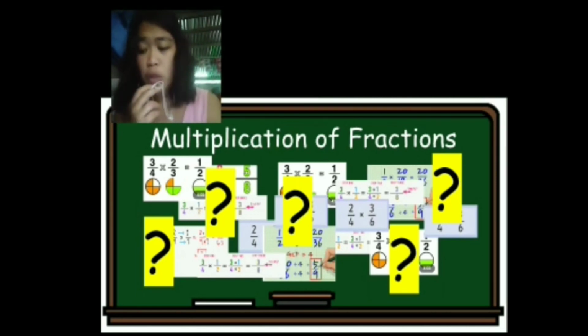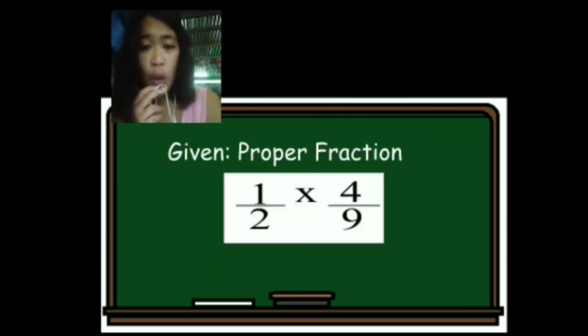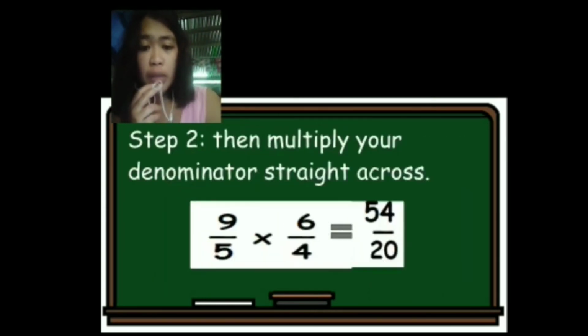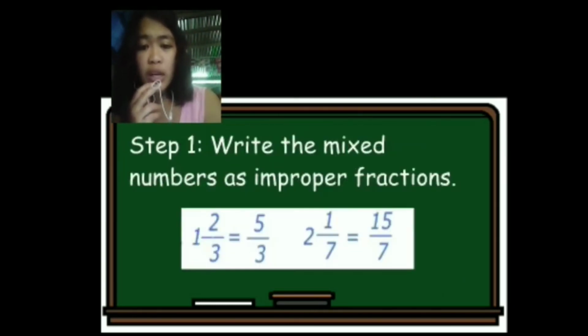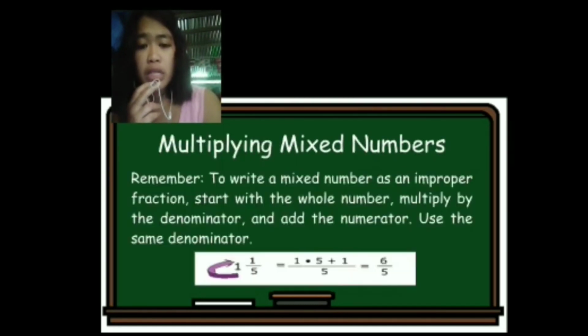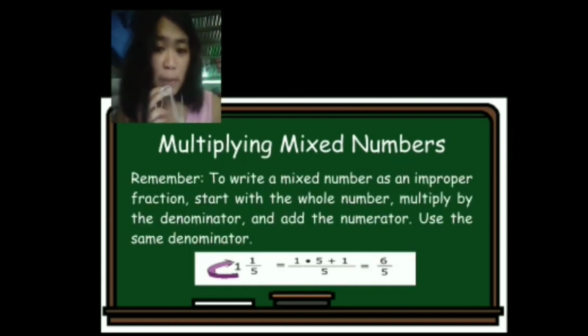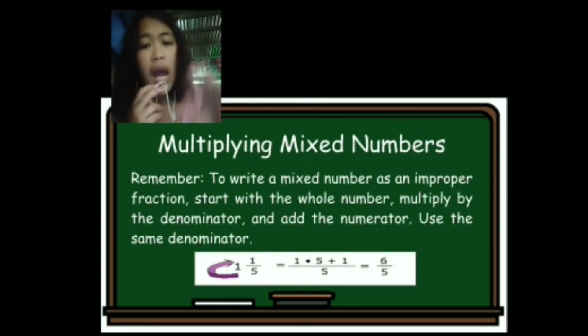And you also need to remember, in mixed fractions, what I mentioned a while ago in my explanation: when it comes to multiplication of a mixed number, you need to write the mixed number as an improper fraction. Start with the whole number, multiply with the denominator, and add the numerator, using the same denominator.